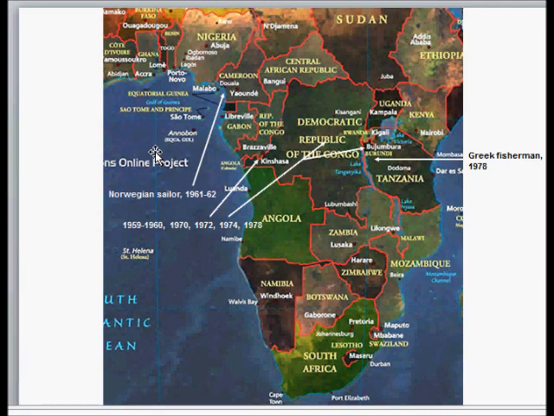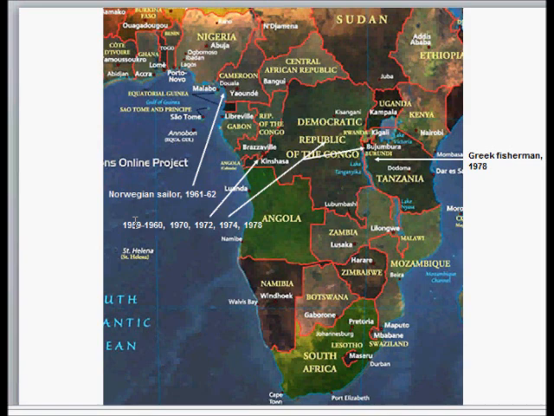The Greek fisherman, 1978, is an important date. That's an early documented case of HIV in a European. There's also a slurry of dates down here, which Dr. Jacobs was talking about, the dates of blood kept in frozen suspension that tested positive for HIV.